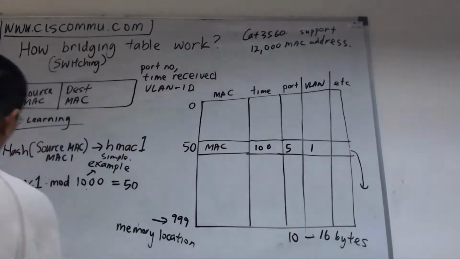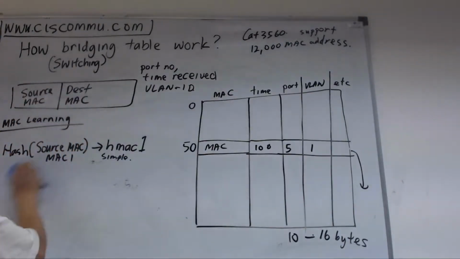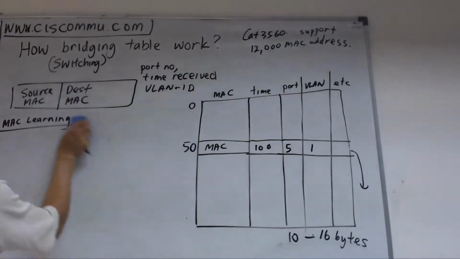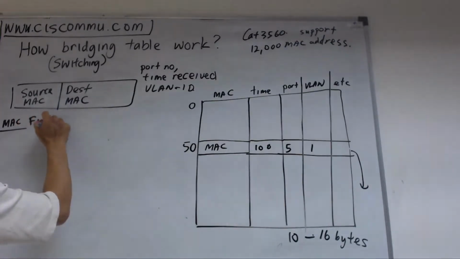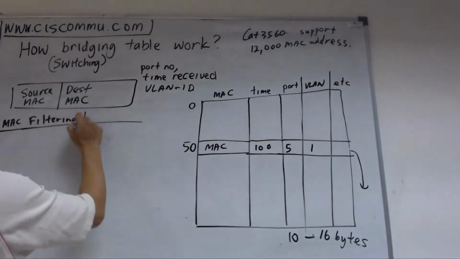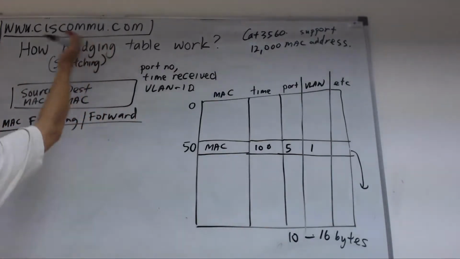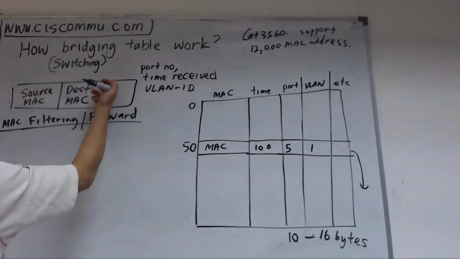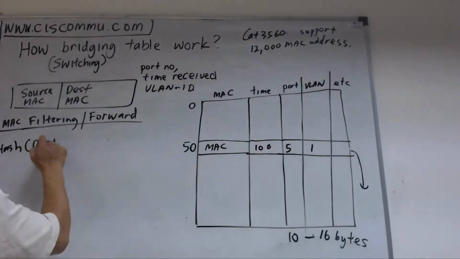Okay. Now we're going to look at filtering and forwarding. The bridge will get the frame and hash the destination MAC address.